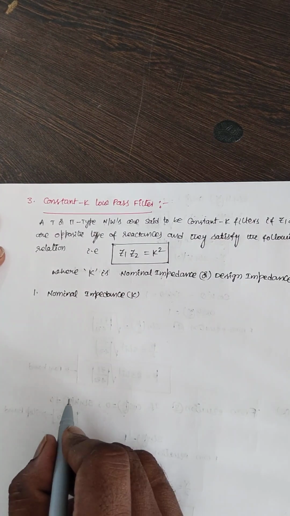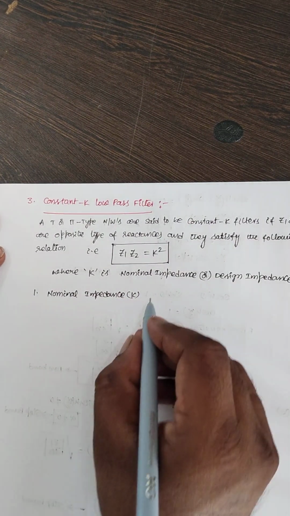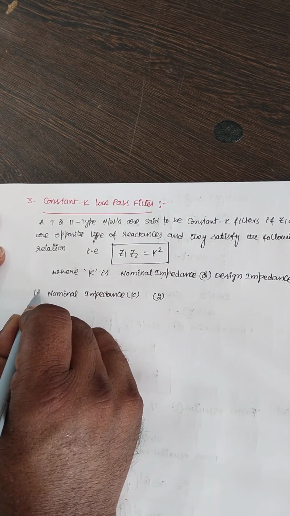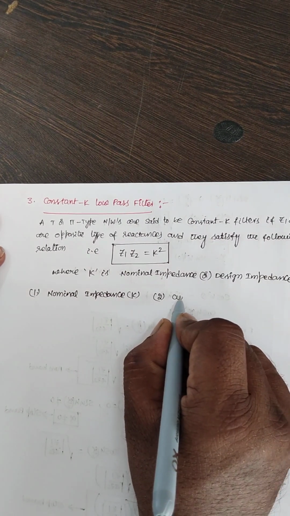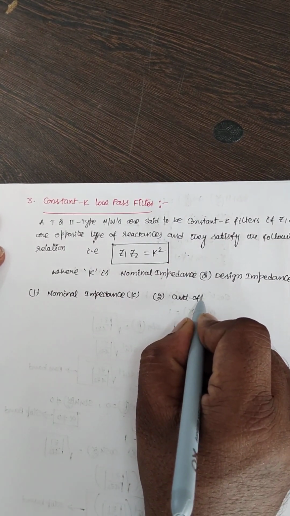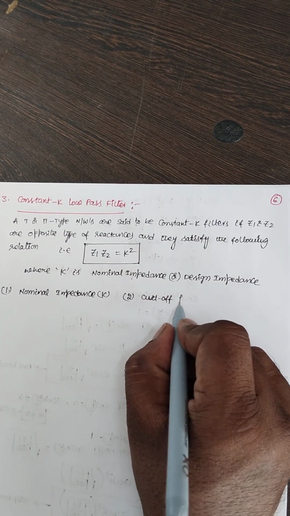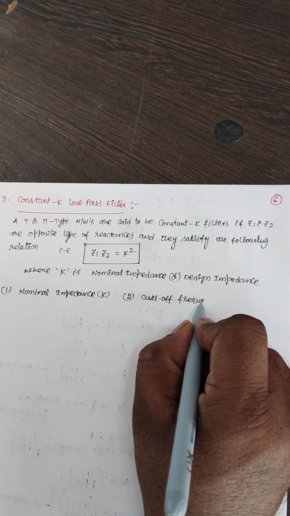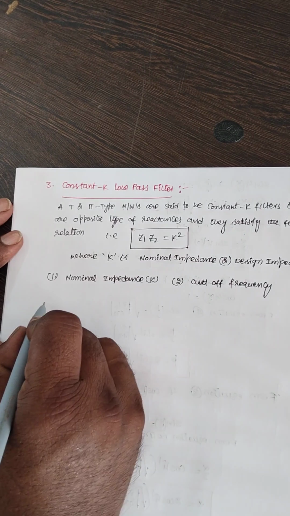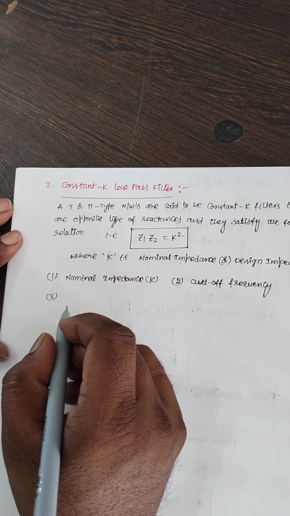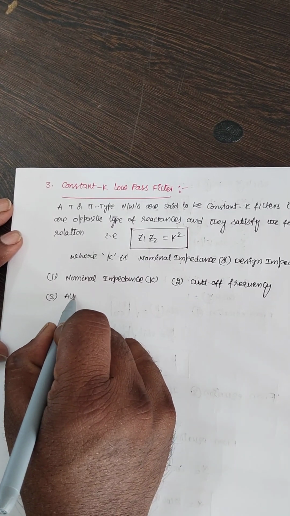It is normally represented with K. Second one is cutoff frequency. Third one is attenuation constant.